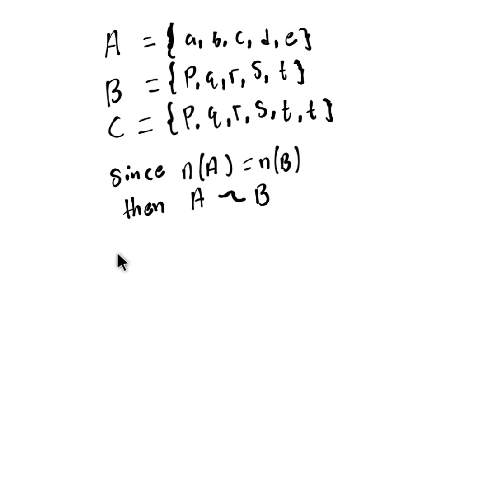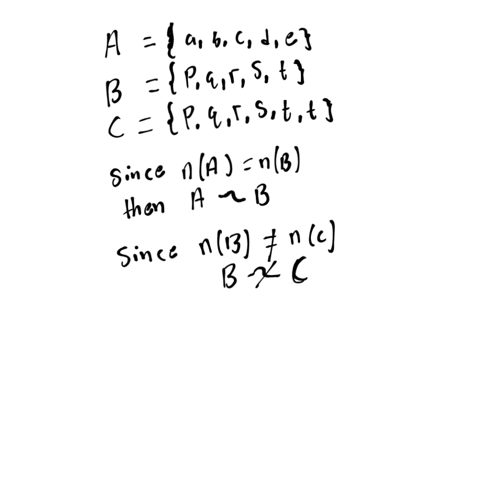And since the number of elements in set B is not equal to the number of elements in set C, then B is not equivalent to C.